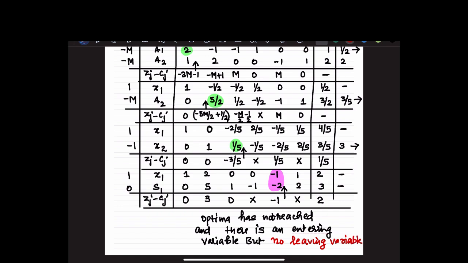So this is the condition of an unbounded objective. So we say that the LPP's objective is unbounded. ठीक है ना?